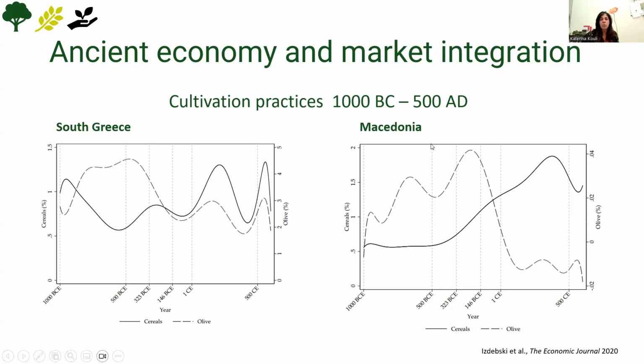They were producing olive oil in Macedonia, in northern Greece, before antiquity. They knew the use of olive oil. Still, after a while, this declined and they started producing more cereals, while on the other side, there is a big difference.